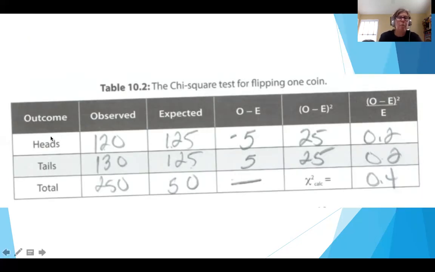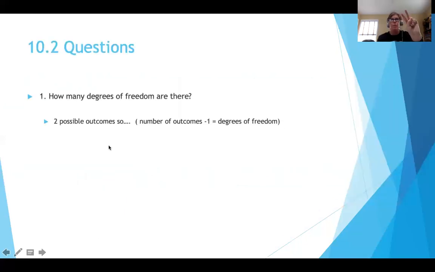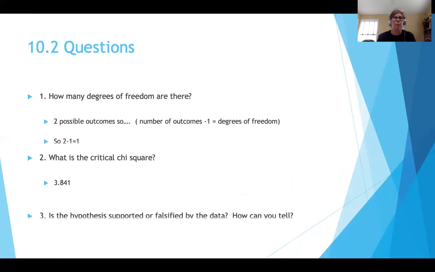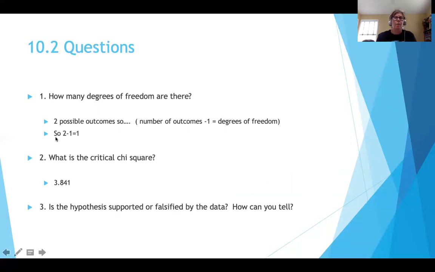We have 2 outcomes. You have heads or tails. So you have two possible outcomes. So when we figure out our degrees of freedom, you take your number of outcomes minus 1. So my number of outcomes was 2. So my 2 minus 1 gives me 1.